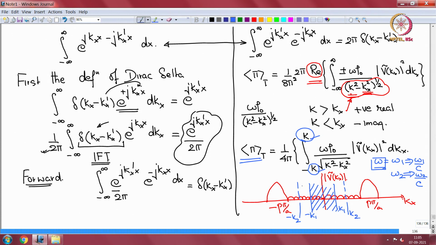Now I get more wave numbers within the range, so the power will increase. In the limit I could excite the same mode at a further higher frequency where k is such that it crosses this plus and minus p pi by a, and then I would get the maximum power possible radiated.